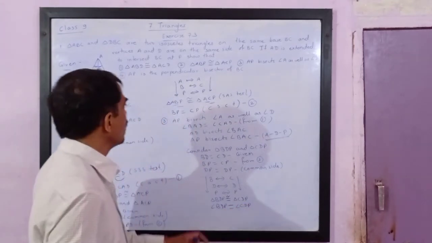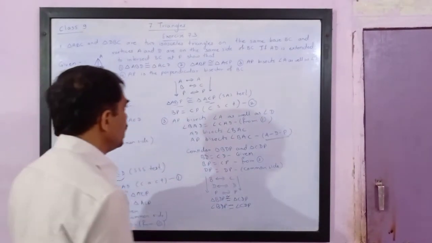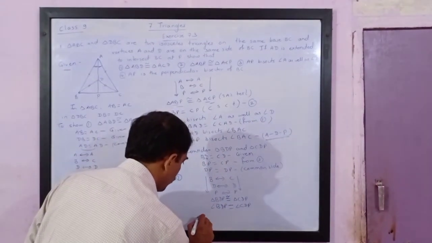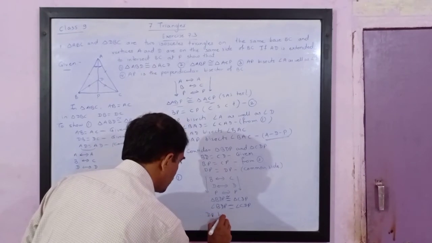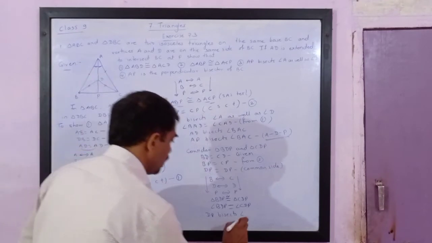And if these two angles are equal, it means DP bisects angle BDC. Therefore, I can say that DP bisects angle BDC.